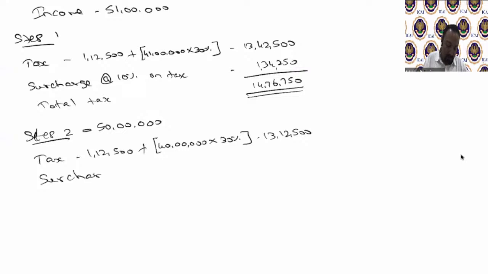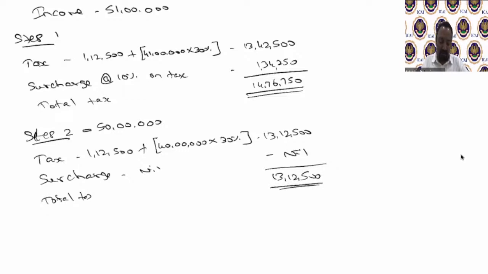Surcharge is nil, right? So your total tax is 13,12,500.